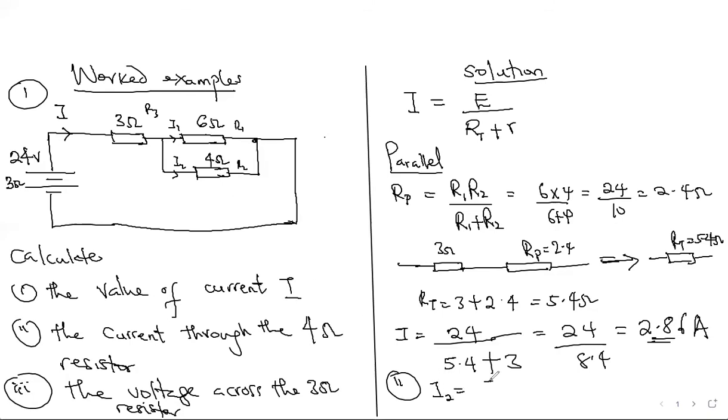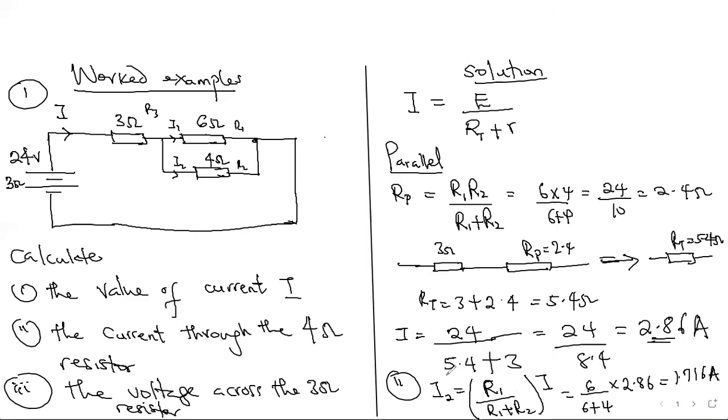If I use the current divider rule, the current that will flow through the 4 ohm resistor, I2, will be equal to R1 over R1 plus R2, the formula for the current divider rule, multiplied by the current they are sharing, which is I. That is 6 over 6 plus 4 multiplied by 2.86, which is 6 over 10 multiplied by 2.86, giving 1.716.